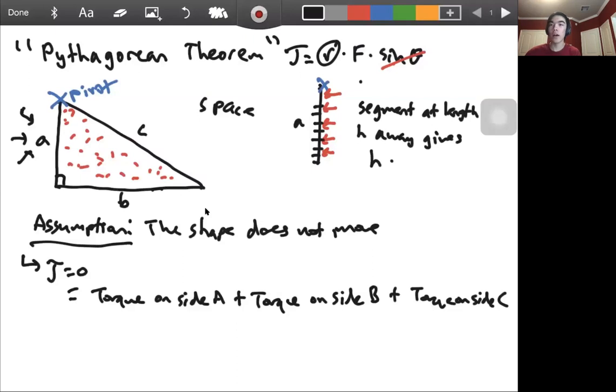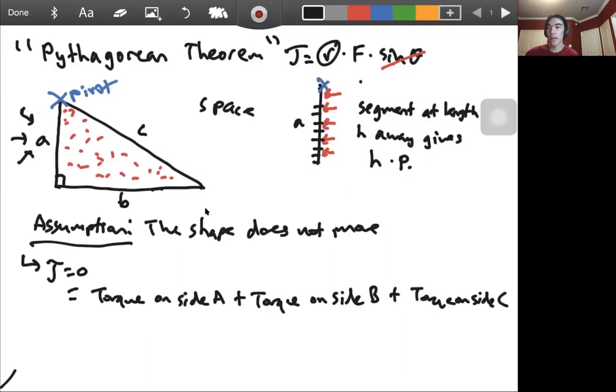And the force, how much force is given? Well, if you remember before, I said that force is just pressure times the area of the region. And here we're doing 2 dimensions, so we can just talk about linear length instead of area. So this is pressure times the length.